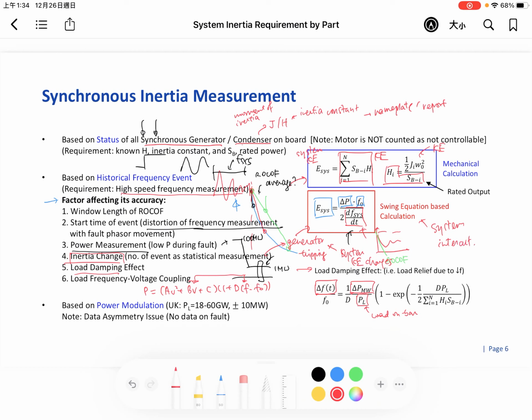And the last one is about the power modulations. If you cannot know when the event starts and how large the Volkov is, then why don't we create something that we know? We try to modulate it with a power sinusoidal.